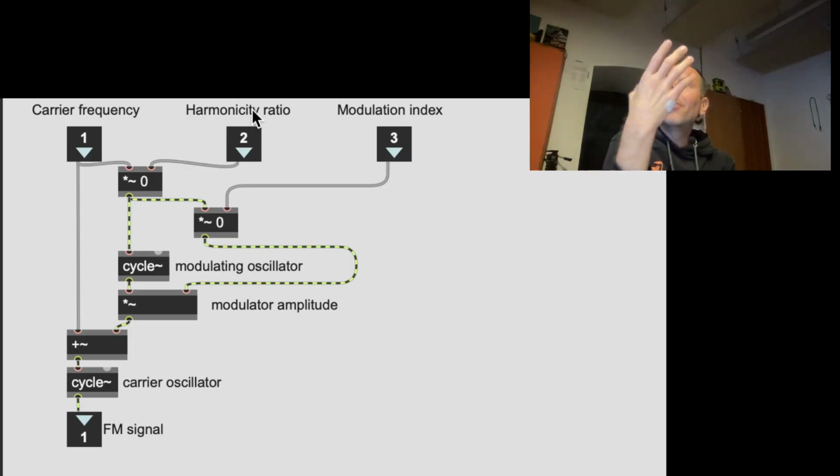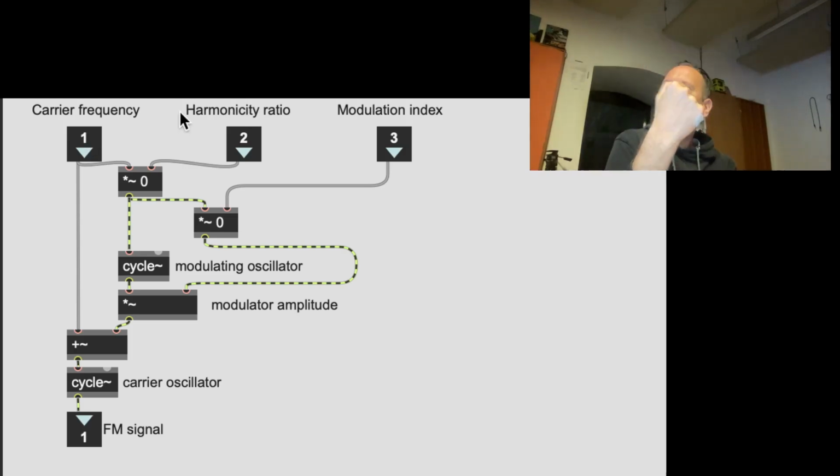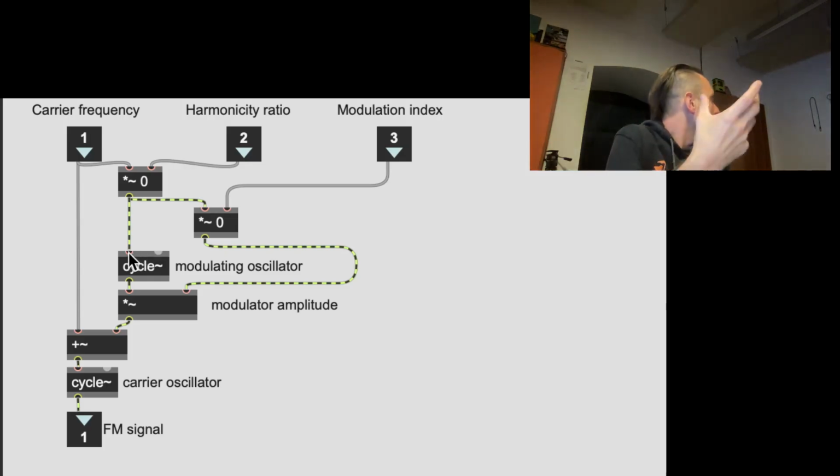So this means that if this value is, let's say, 0.5, if I have 440 hertz pitch, my modulation frequency will be 220. So it will be a very harmonic spectrum.